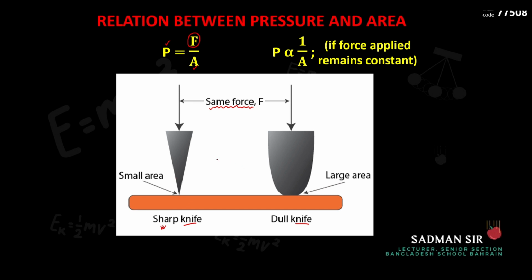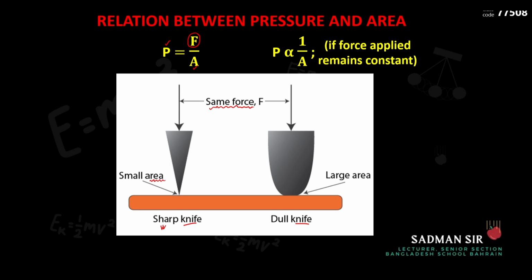What is the difference? You applied the same force, right? So what is the difference that made it easier for you to cut with the sharp knife, and which makes it difficult for you to cut with the dull knife? That is actually the area. The area in contact between the knife and whatever you are cutting is very small.